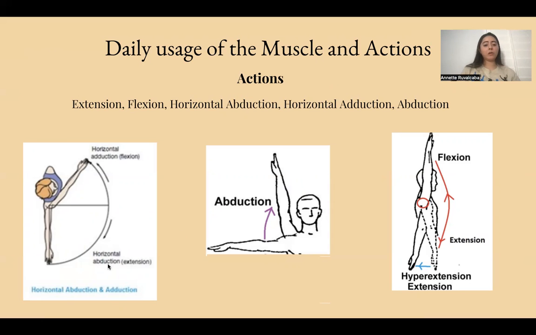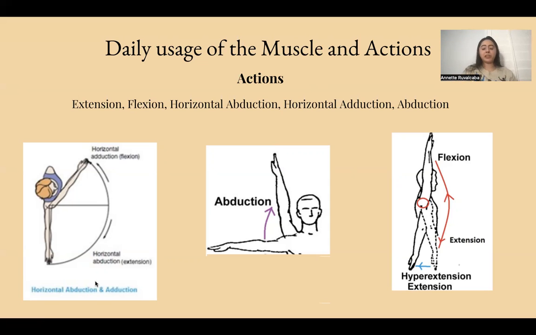So starting with the horizontal adduction and abduction, it is on the horizontal line like this. Adduction is going towards your body, and abduction is going away from the body. For abduction, it is going away from the body, but by going upwards.